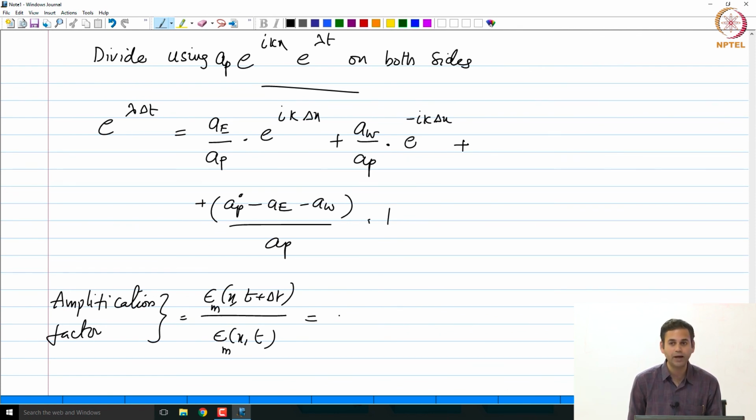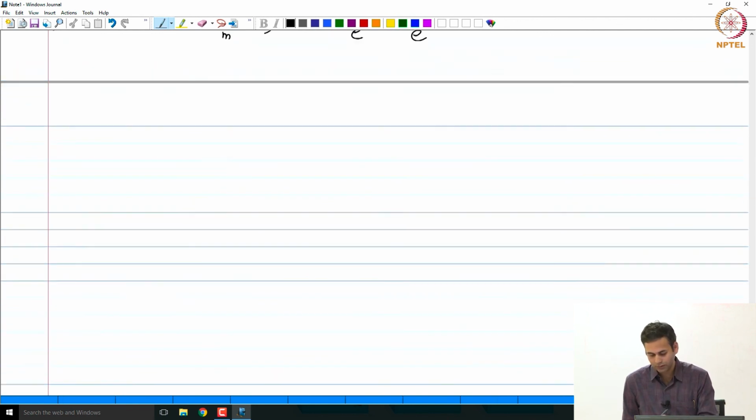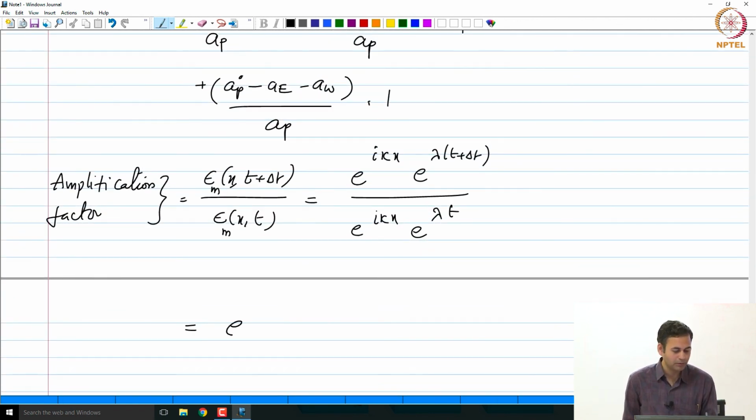So, if you substitute back into this equation e to the power I k x e to the power lambda t, what will this be? This will be e to the power I k x e to the power lambda t plus delta t upon e to the power I k x e to the power lambda t. So, how much is this value? E to the power lambda delta t.